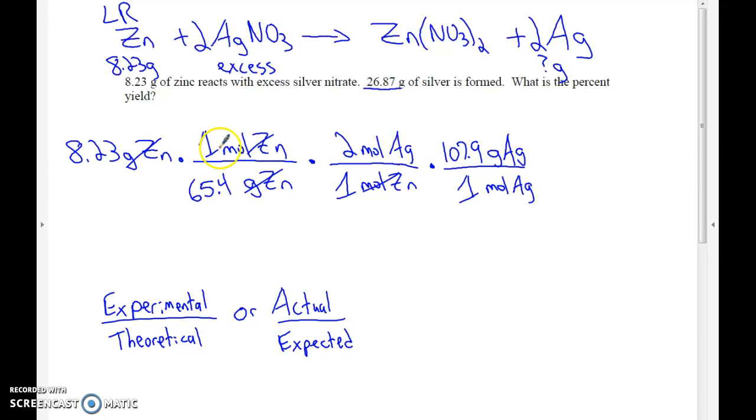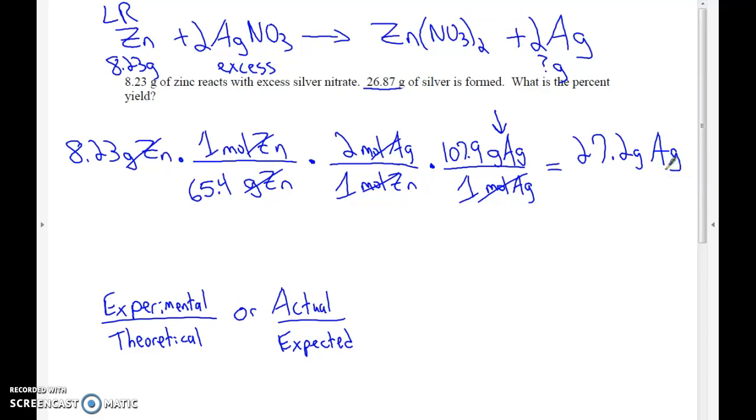So notice conversion factors going from one unit to another of the same element or compound, they always get the number 1. The mole ratio, I get these numbers from the coefficients in the balanced equation. So now moles of silver will cancel out. What I'm left with is grams of silver, and that's what I'm looking for. So I don't have to write any more steps down. I could do the math now. You do 8.23 divided by 65.4, multiplied by 2, multiplied by 107.9, and I get an answer of 27.2 grams of silver.